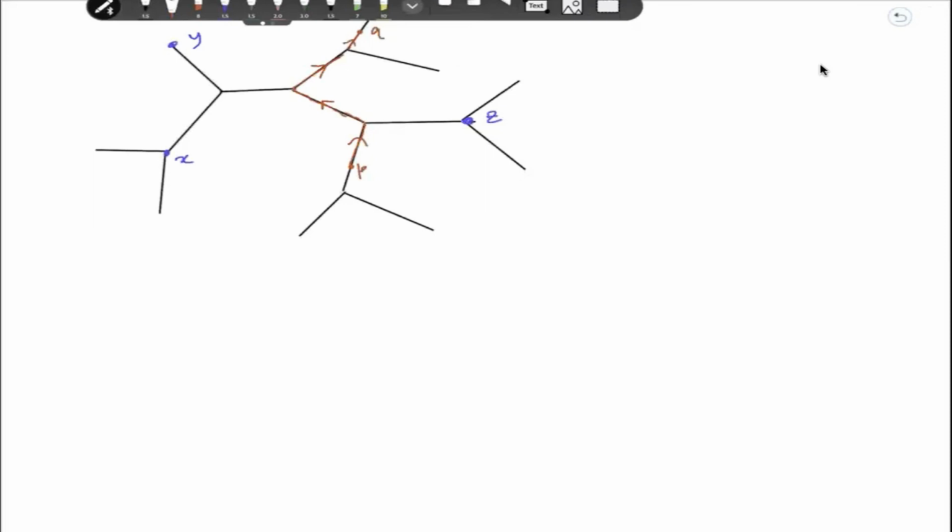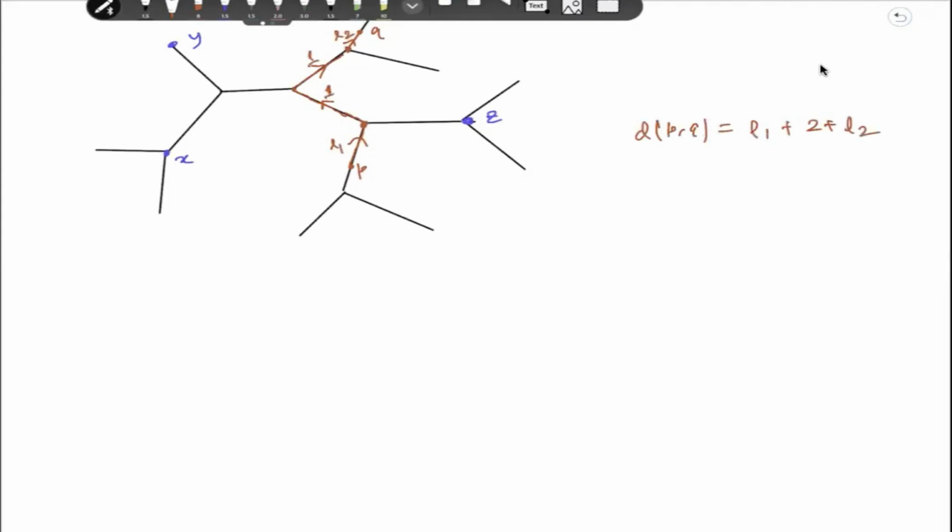This is my path joining P and Q. And what is the distance between P and Q? Let us take the distance from P to this vertex to be L1. This edge is of unit length 1, this edge is also of unit length 1, and let us take the distance from this vertex to Q to be L2. So the distance between P and Q in this tree is L1 plus 2 plus L2.